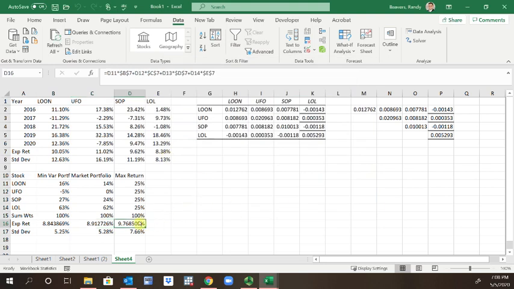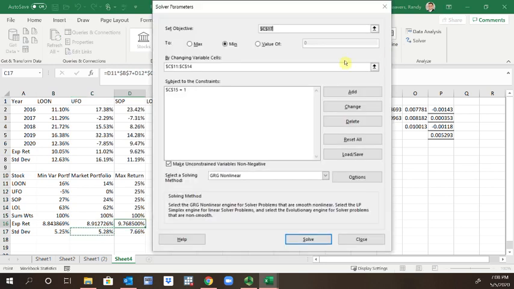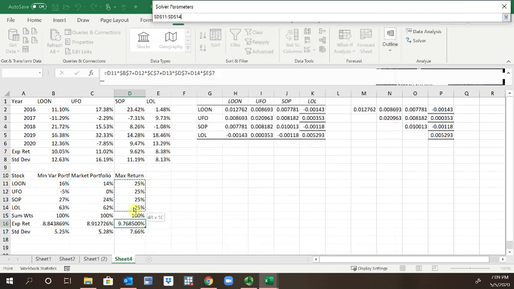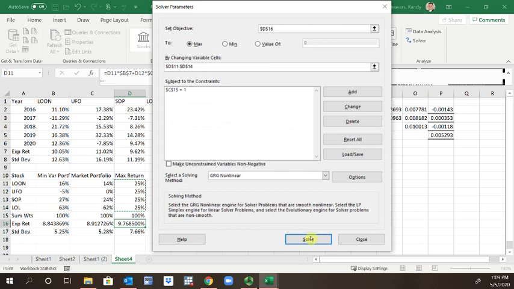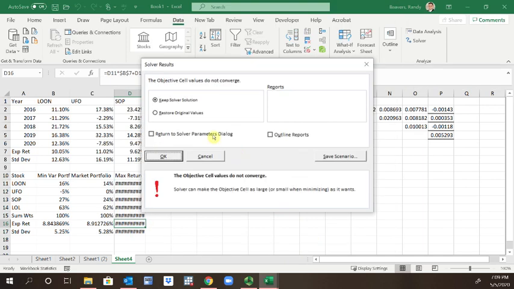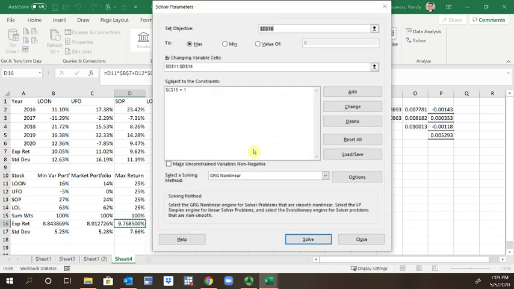And then to maximize the return, Solver will now maximize D16. We won't make the constrained variables non-negative, and we'll do that by changing these weights. So now I'll solve. Okay, that didn't converge. So restore and return back.